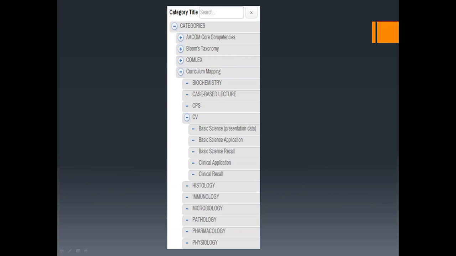This is a quick screenshot of our category structure. When I was talking about how we set it up and categorize it by content, hopefully you can see the mouse on the screen. We have some content areas there, and other content areas there as well. We'll look at specific classes to see if we're looking at basic science or clinical application as well.